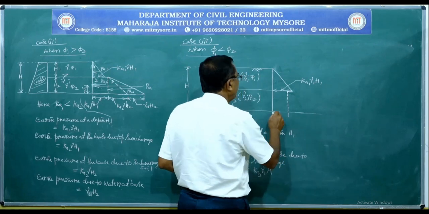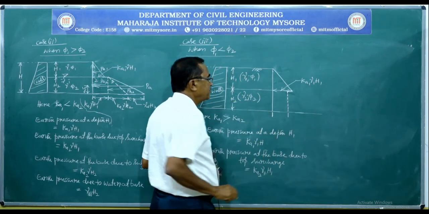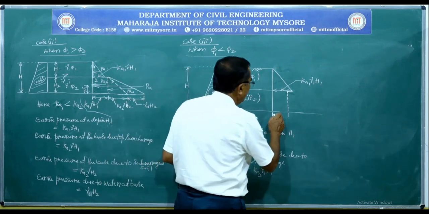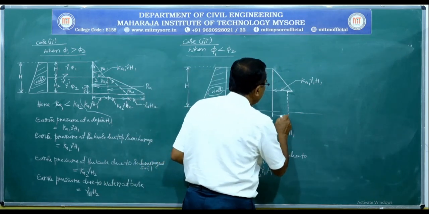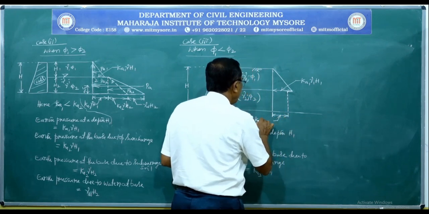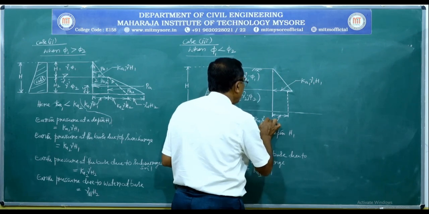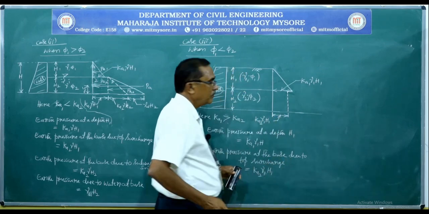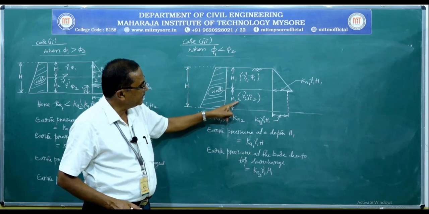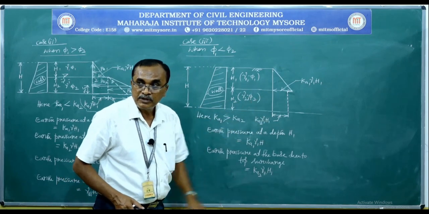Because of the increase in angle of friction of this bottom layer of soil, there is a decrease in lateral pressure due to the top surcharge soil. This is Ka2 into gamma 1 into H1. See, for the same surcharge, because of the increase in Ka2 value, there is a decrease in the lateral pressure at the base.